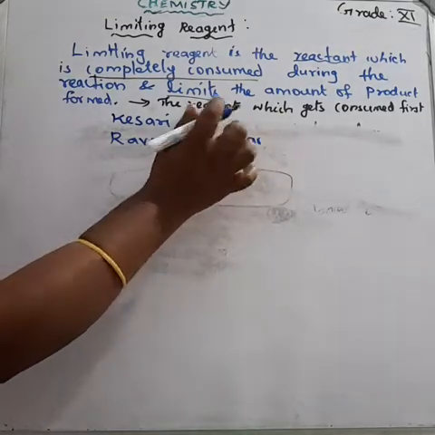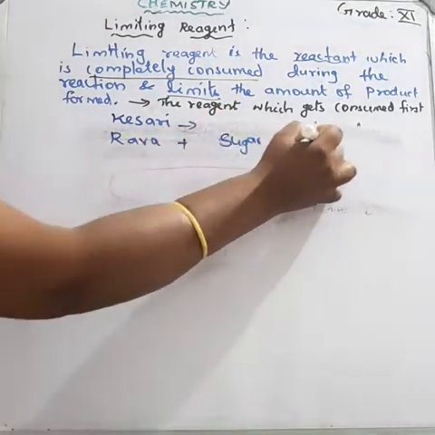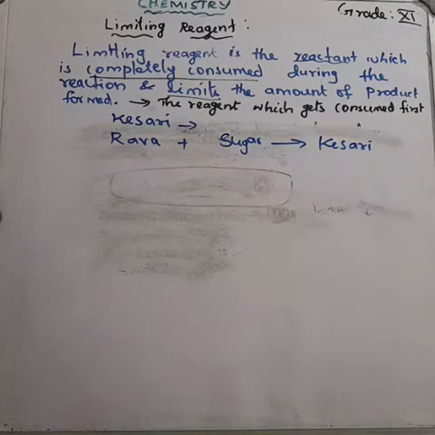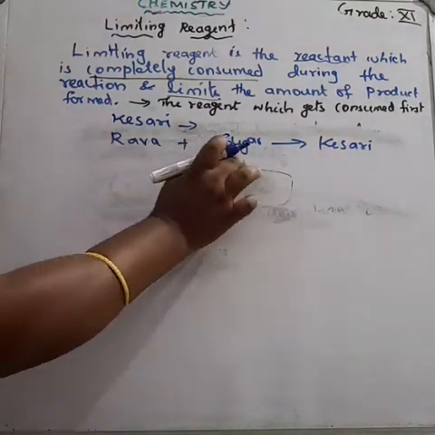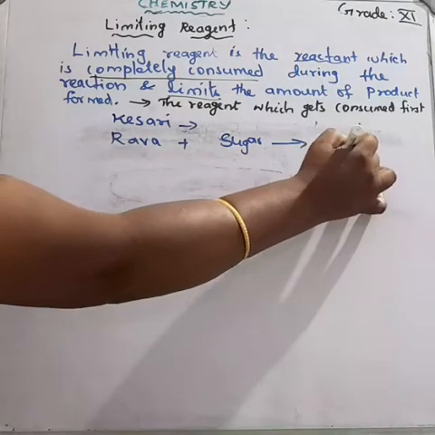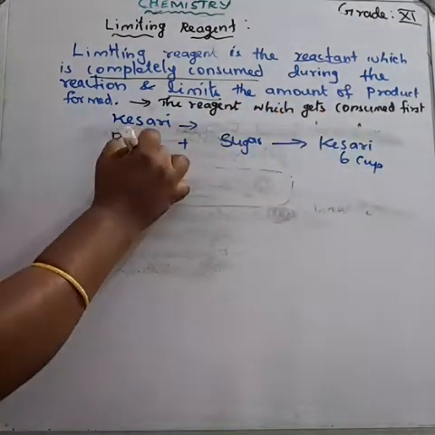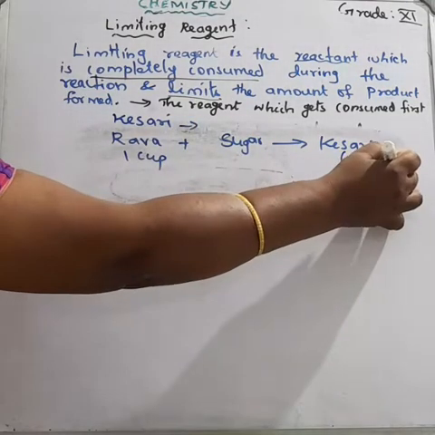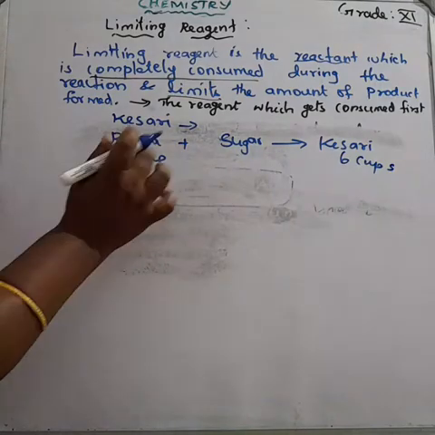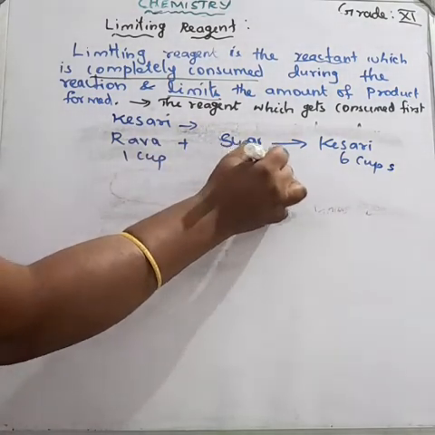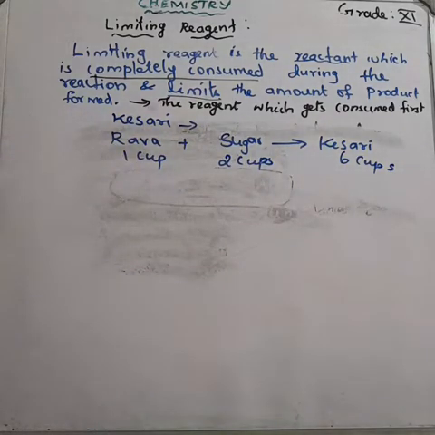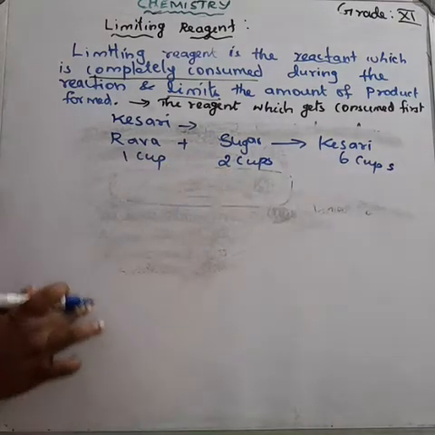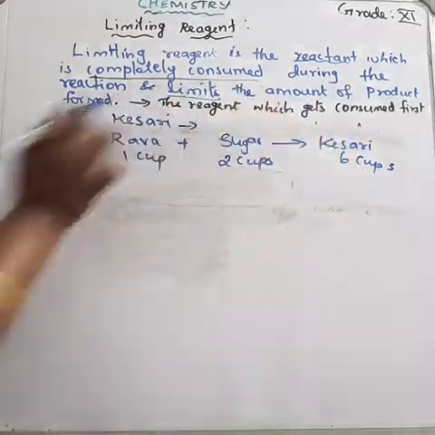Here, 1 cup of rava consumes 2 cups of sugar. So rava 1 cup, sugar 2 cups. We can prepare 6 cups of kesari.